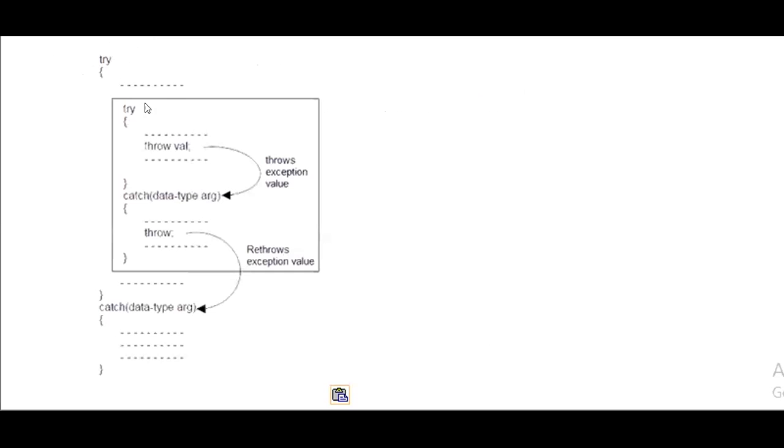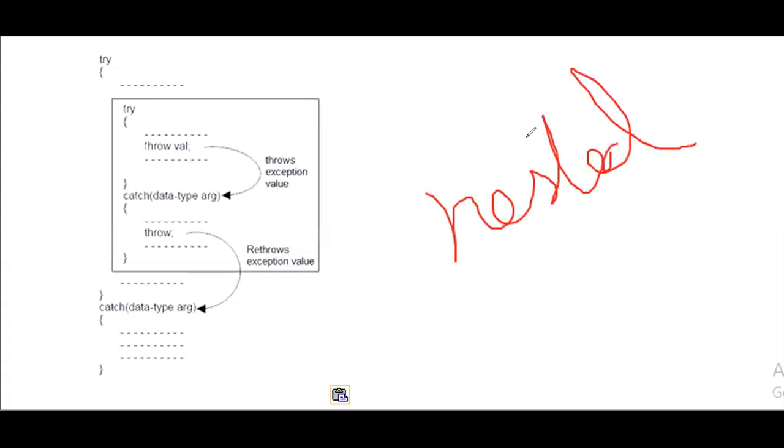So see, first we have what we can call a nested try block, a nested try and catch block.